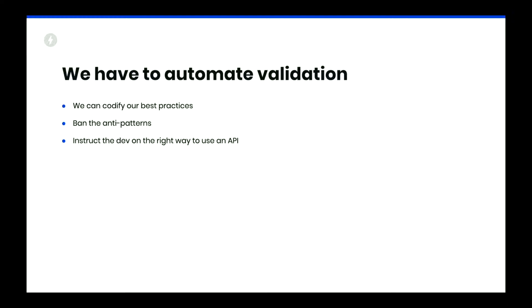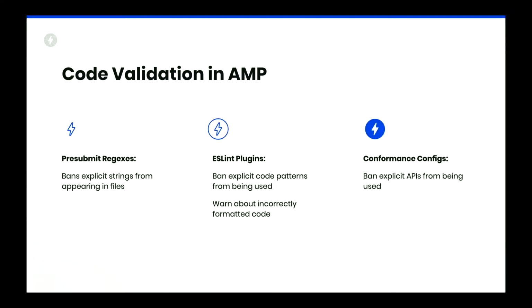We can ban the anti-patterns, the things that we know aren't going to be used correctly, and we can eliminate those entirely. And we can provide helpful messages to everyone when they do something incorrect, so they know the correct way to use it or the correct method to call instead. And all of this can be done automatically as it happens during the pull request review by Travis.